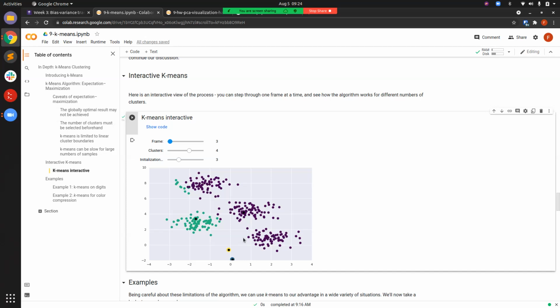In the next iteration, I expect the yellow cluster center to get a little more involved. Now you can see we have some points that are closer to the yellow cluster center than the purple. So even though the cluster centers started all grouped together over here, the yellow and green one moved out.